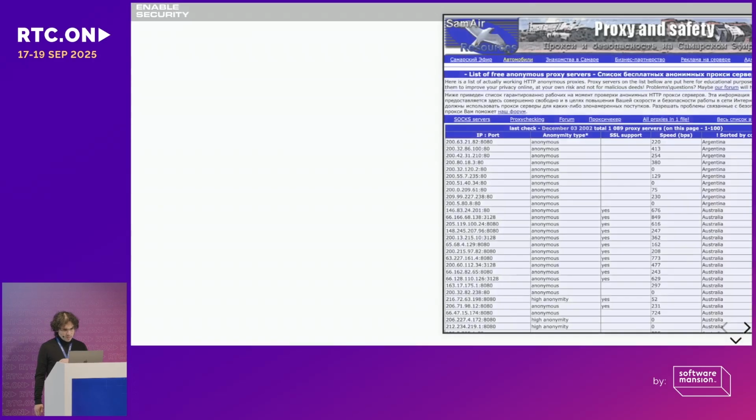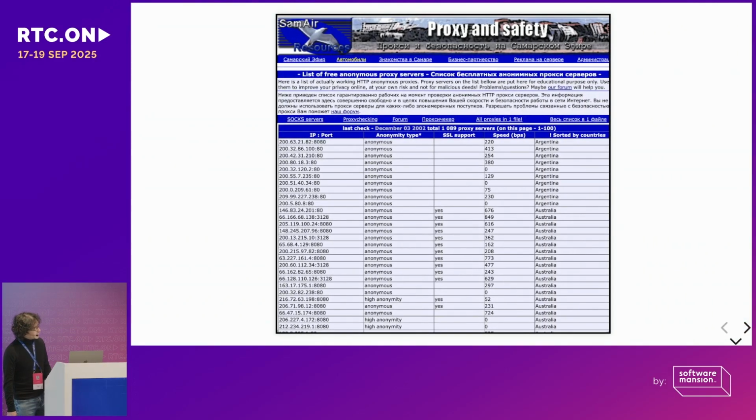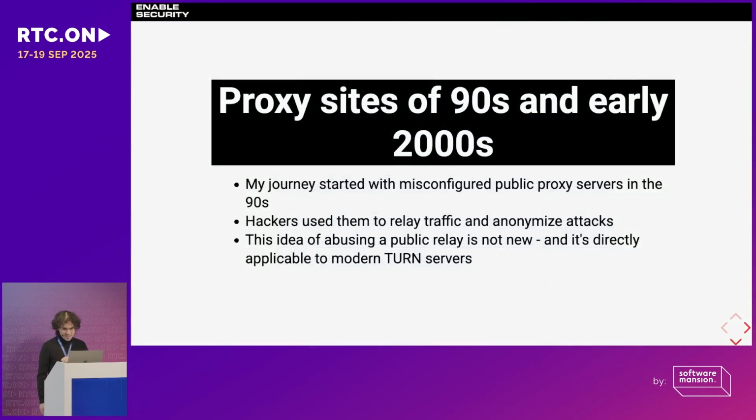All right. So I'm going to start with a screenshot from probably the 90s or early 2000s. So in the 90s, we had lists of SOCKS proxies, SOCKS version 4 and maybe 5 eventually, and HTTP proxies, where hackers, we call them script kiddies back then, abused misconfigured public proxies to relay their traffic.